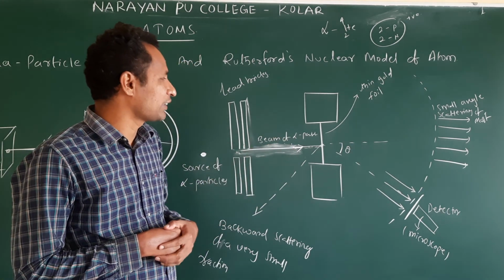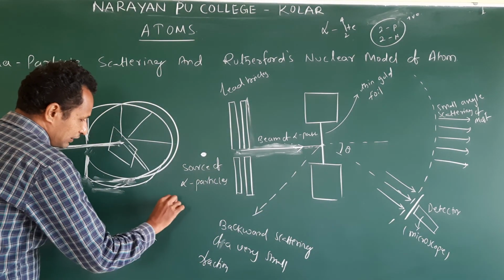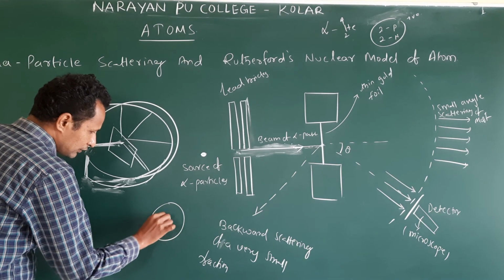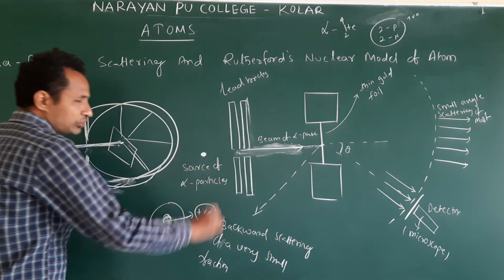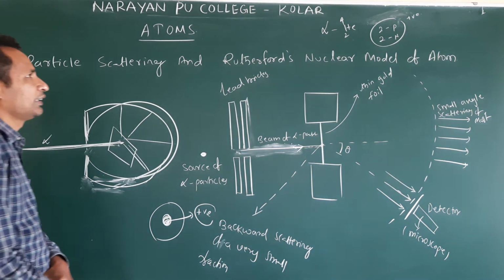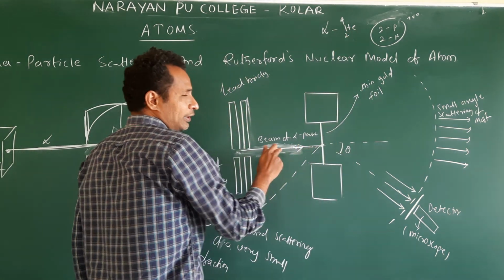He explained the reason. If you take a single atom like this, the center portion has positive charge. He concluded that the center portion of the atom is positively charged. The reason: the alpha particle is positively charged, and it reflects back.